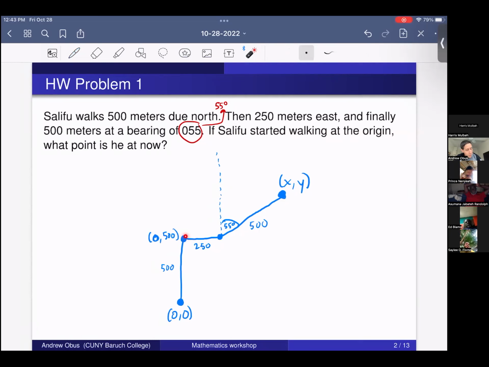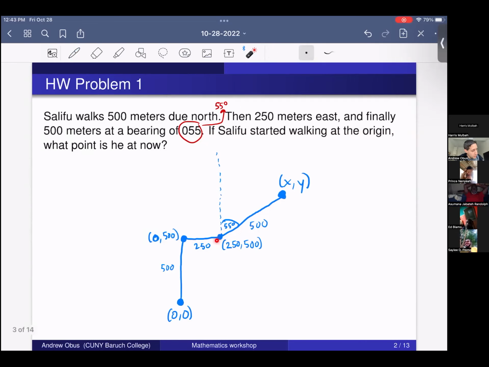Now if we start at 0, 500 and we move 250 meters east, then the Y coordinate of 500 will stay the same, but the X coordinate will increase by 250. So this point here will be 250, 500. Everything is being measured in meters.